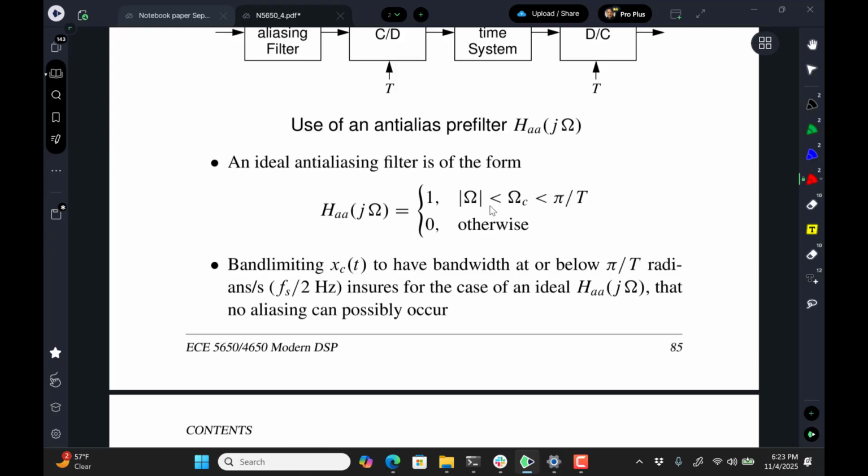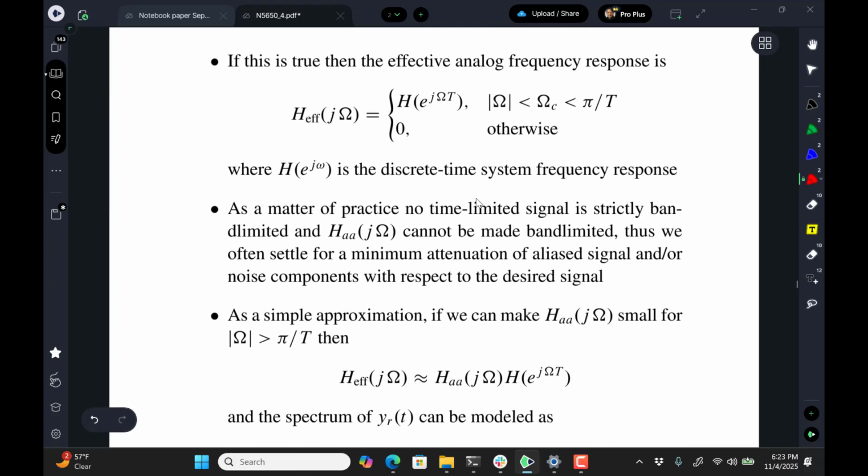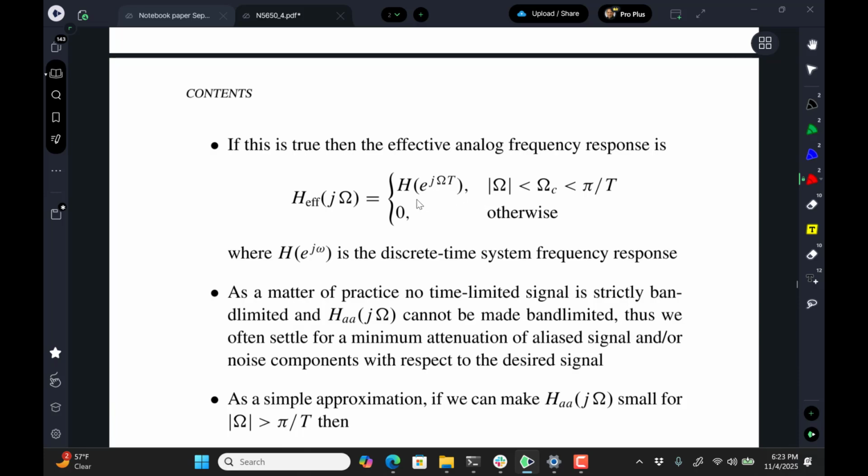But a realistic filter has some response in that interval, and maybe we're willing to assume it's zero. This was just saying if that anti-aliasing filter was perfect and it perfectly eliminated components above the folding frequency, our effective response would be whatever that H(e^jω) system is in terms of the analog domain, and we looked at this earlier.